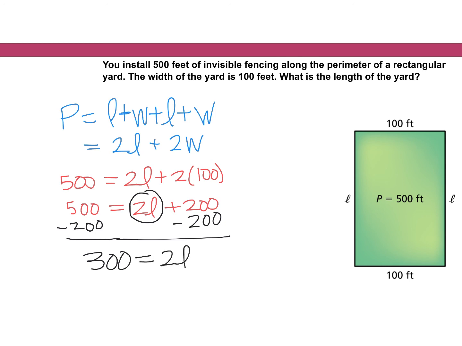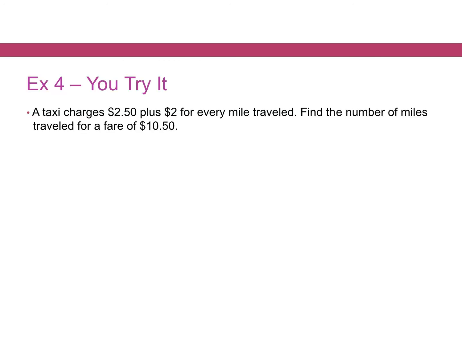To get L by itself now, I'm going to have to divide both sides by 2. And I can see then that my length is actually going to be 150, and my unit was given in feet. So each one of those sides are 150 feet long. Please try this example on your own before you watch the solution.